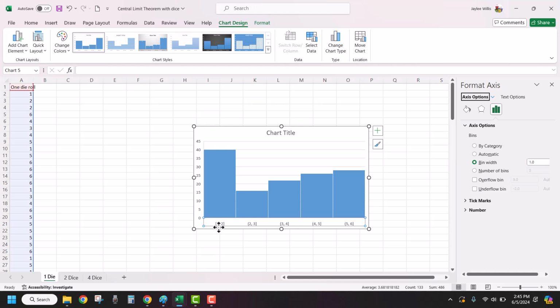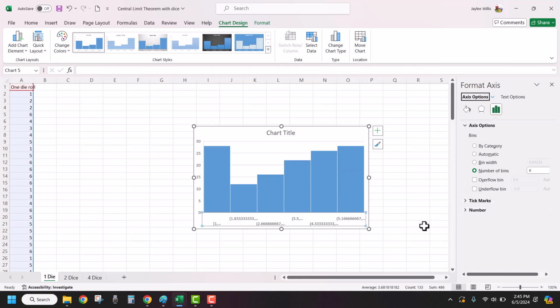Okay, awesome. Actually, let's do number of bins. I want it to be 6 because that only gave me 5. Okay, the legend is a little bit wonky, but basically this corresponds to the dice rolls that were 1s. This shows how many 2s were rolled, 3s, 4s, 5s, and 6s.